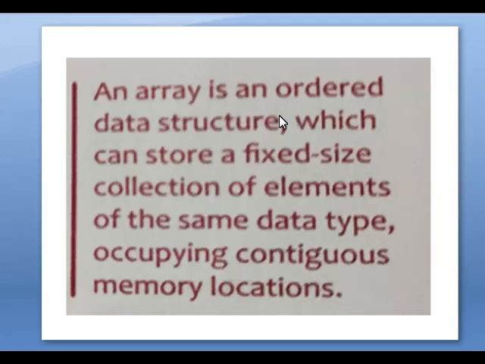If you are storing integer data, all the array cells of that particular array will store only integers. If you are going to store floating values, that is decimal values, it will store only floating values in all cells. So it is an ordered structure.